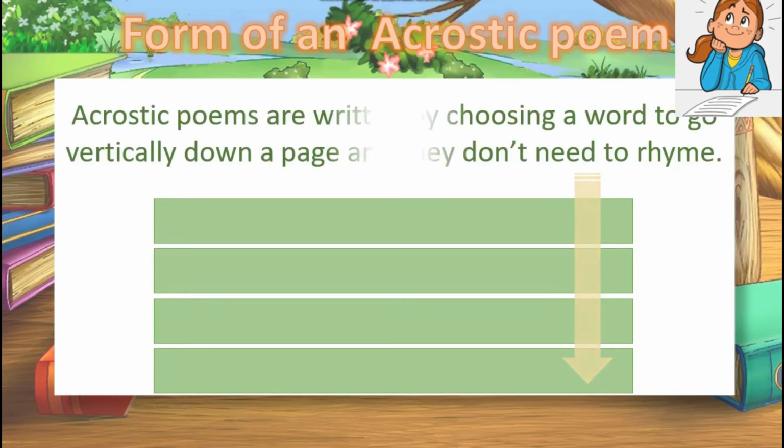It's very simple and easy, since acrostic poems are written by choosing a word to go vertically down a page, and they don't need to rhyme. If you look at the arrow that I provided here on the right, you can see that I made it in the correct vertical line.